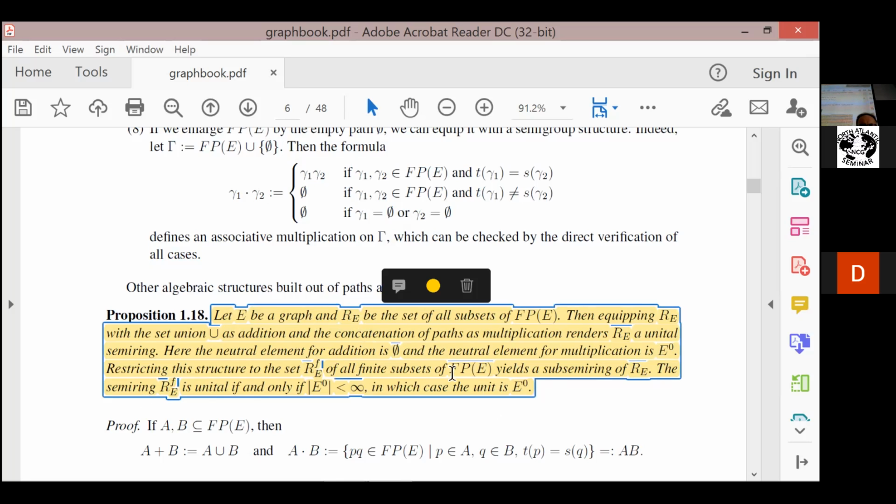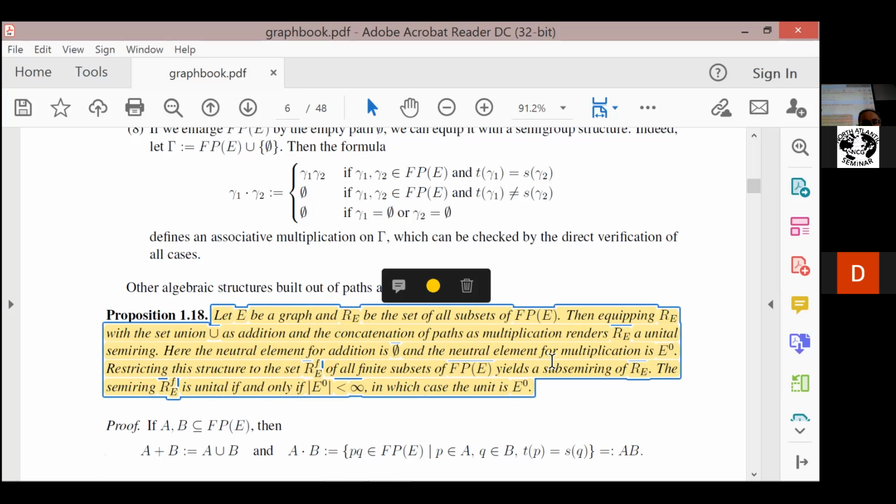And I have REF as a sub-semi-ring of RE. And then the only non-trivial thing that I prove in this proposition, because every single argument proving these claims is completely obvious, is to prove that this restricted semi-ring, this REF semi-ring, is unital if and only if the set of all vertices is finite. And in this case, the unit is E0 as it is in this larger semi-ring.